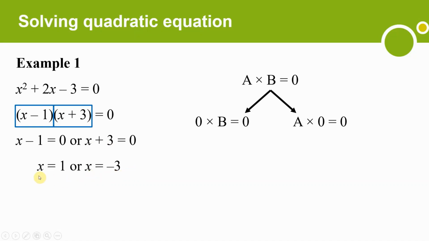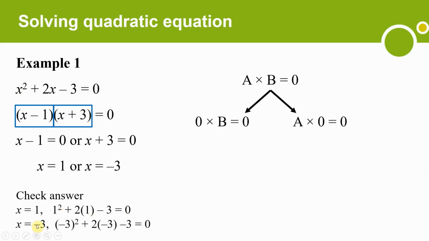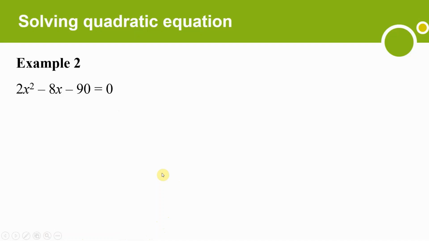We can substitute this back into this equation, and at the end we should get 0. So let's check. When x is 1, after substituting, it is 0, and when x is -3, after substituting it, it is 0 also.